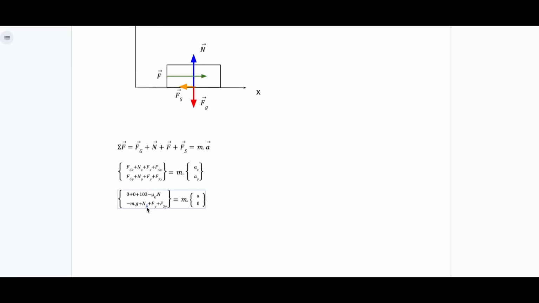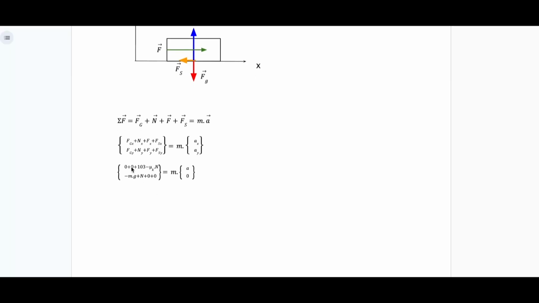I know that the entirety of the normal force is toward the top, it's vertical, and it's positive, so I can replace ny, which is the projection, with n, which is directly the entire value of the normal force. And I know that both those forces are horizontal, so their value vertically is 0.